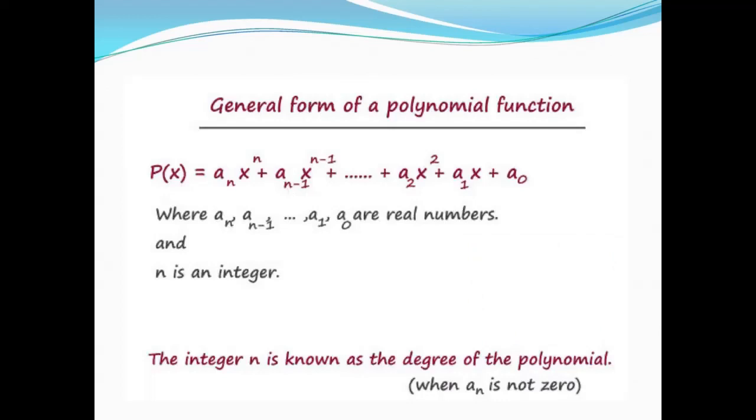Similarly, moving in the same way, we can derive general form of polynomial. General form of polynomial function: p(x) equals a_n x to the power n plus a_(n-1) x to the power n minus 1 plus, and so on, up to a_0, where a_n, a_(n-1) and so on are all real numbers and n is an integer.